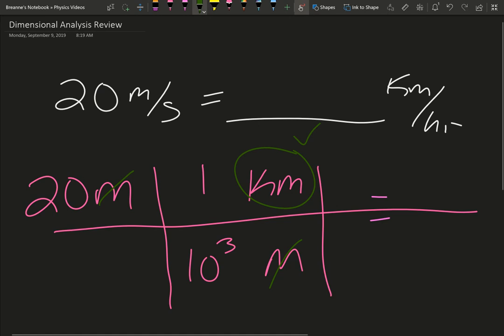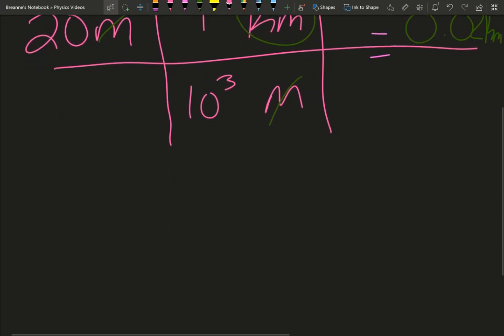Then you just take your handy dandy calculator and you do 20 divided by 10 to the third, or 1,000, and you get 0.02 kilometers. Now, that is still kilometers per second. That's 0.02 kilometers per second.